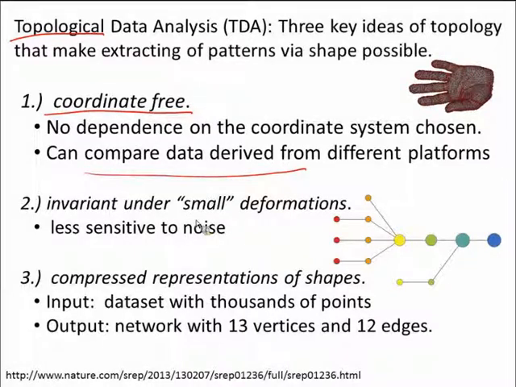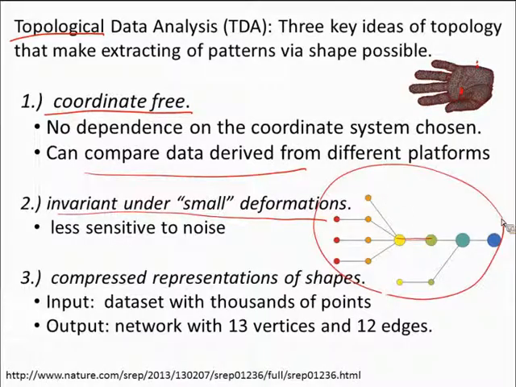It's also invariant under small deformations. If my point is here and I move it over here, it'll still probably end up in the same cluster. And even if it doesn't, it still might not change where we've got the edges. And so there's a good chance that small perturbations won't affect your output. And then the other thing is we do get a compressed representation of the shape.